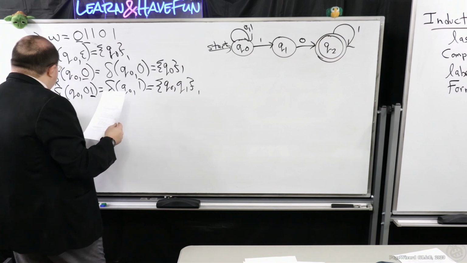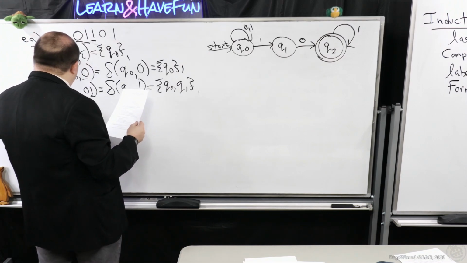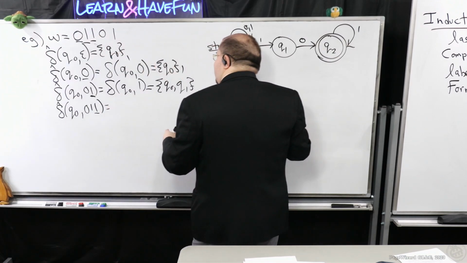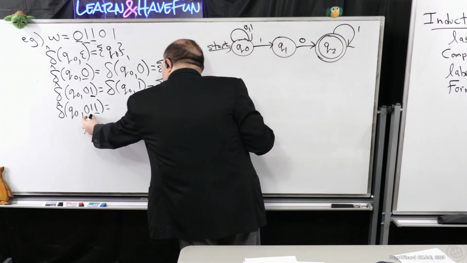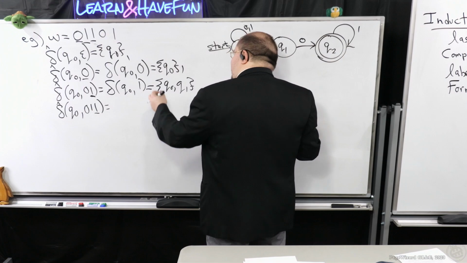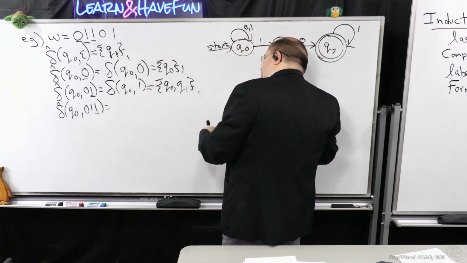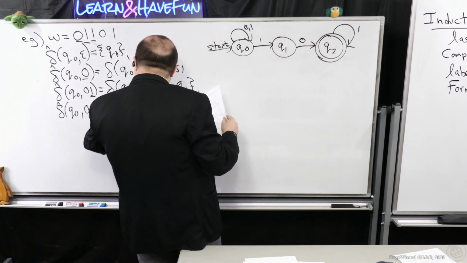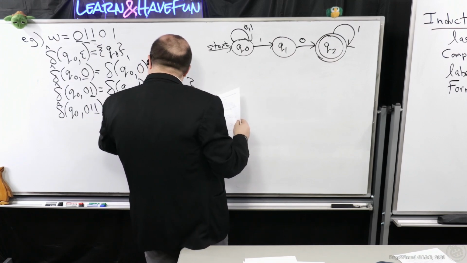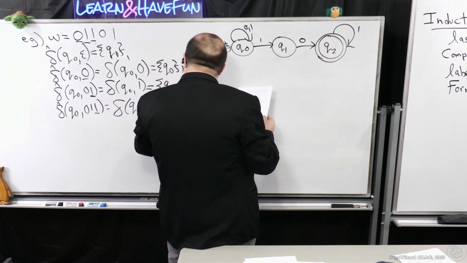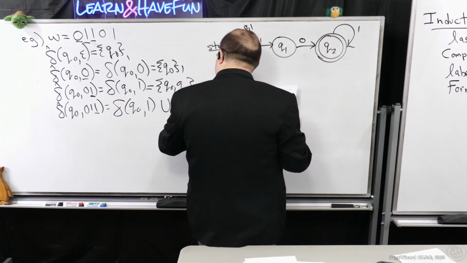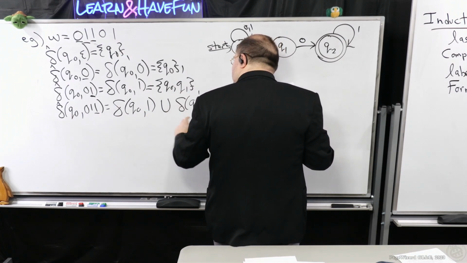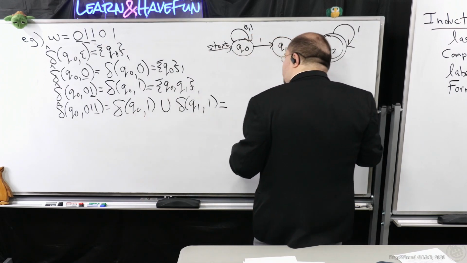Let's compute delta hat of q0, 0, 1, 1, because that's the next symbol we're reading. What does this say? Whatever the result of applying delta hat to 0, 1, I take each one of those states and apply the transition function on the symbol 1. So this will be delta of q0, 1, union delta of q1, 1, because that's the other state.